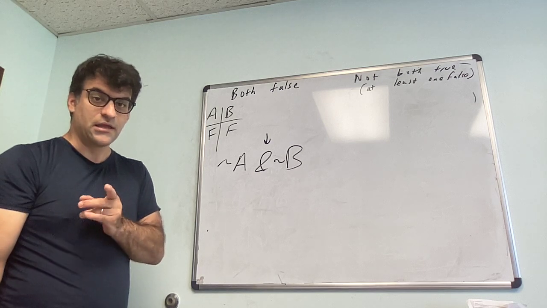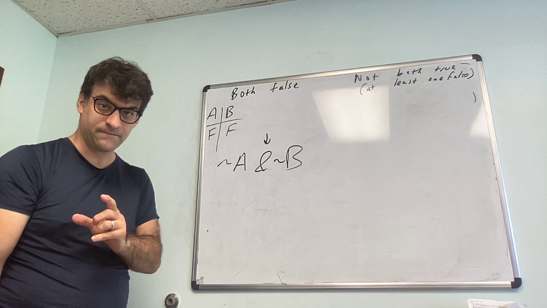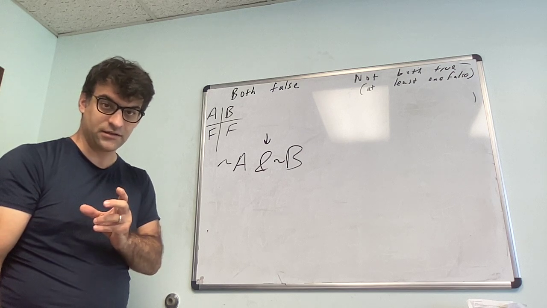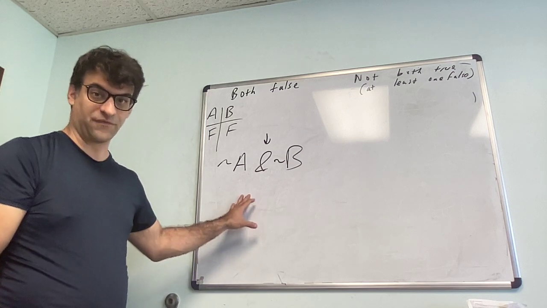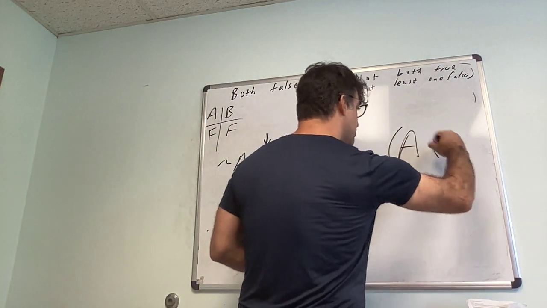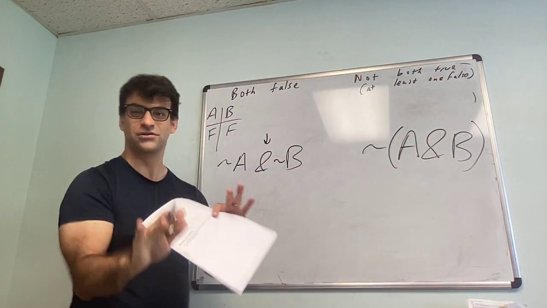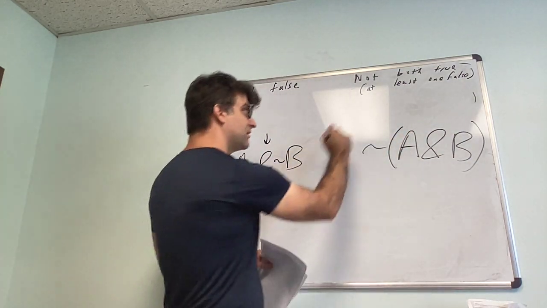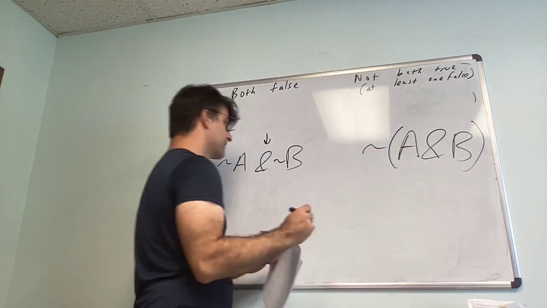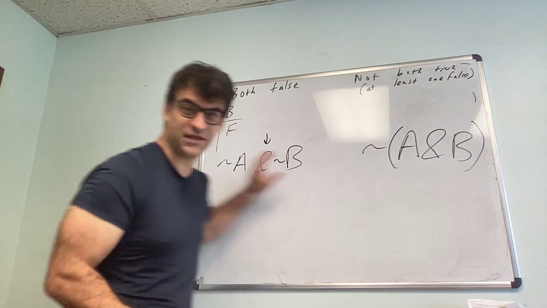It's going to be tempting to say, can I say they're both false by just putting the negation in front of A and B? No. This is the lesson. This does not say this.